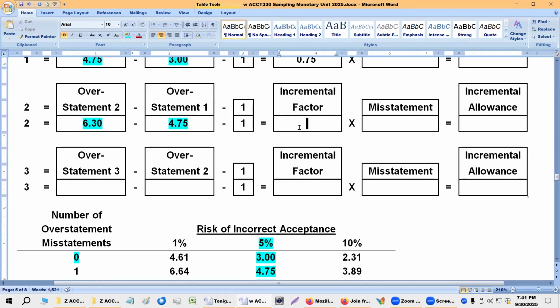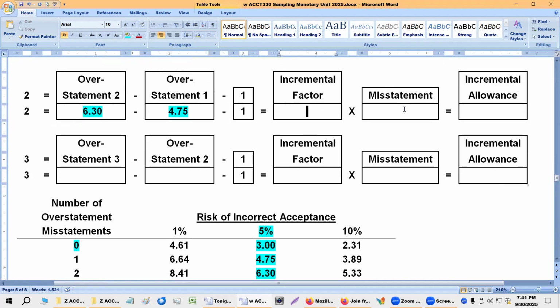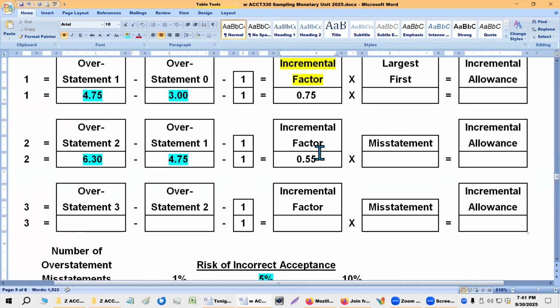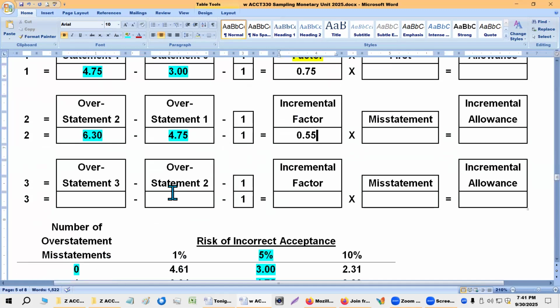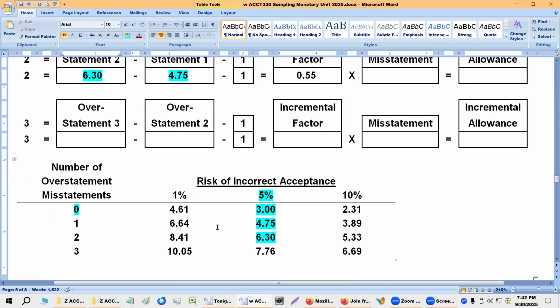Turn on Mr. Calculator first. 4.75 minus 1... 0.55. Yep. Okay. And I don't think we need this third one. We'll do the third one just for practice.